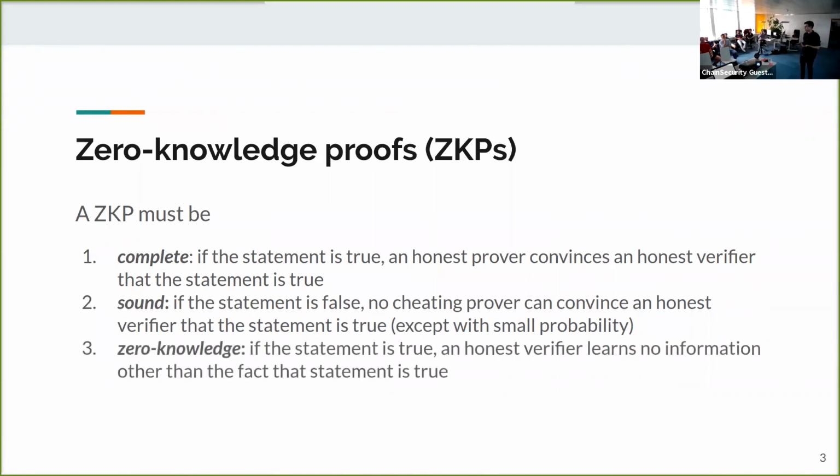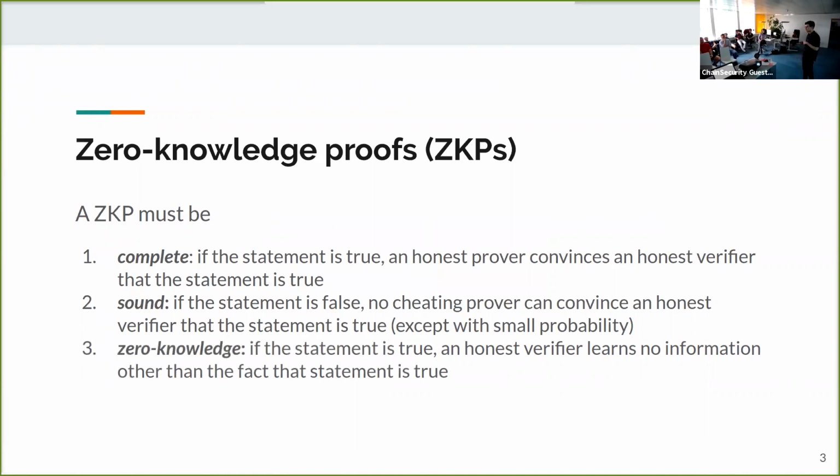What makes zero-knowledge proofs special is obviously the zero-knowledge property. The zero-knowledge property says that if the statement the prover wants to prove to the verifier is true, then the verifier will only learn that the statement is indeed true.